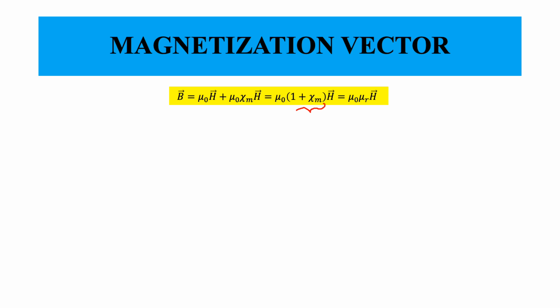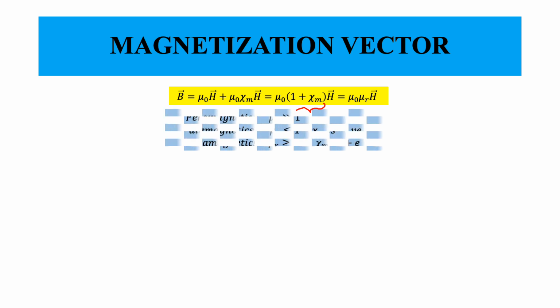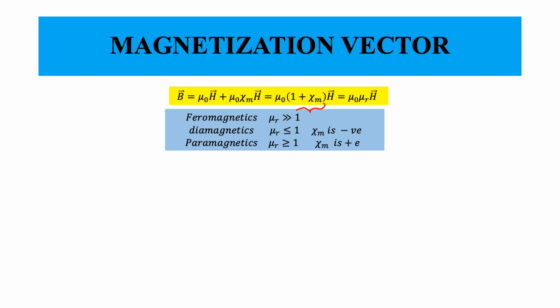This relative permeability has different values for different types of material. For ferromagnetic material, which is what you normally mean when you call a magnetic material, mu r is very large compared to 1.